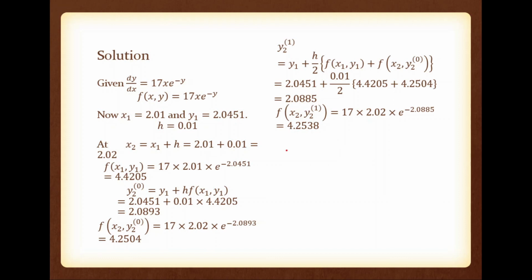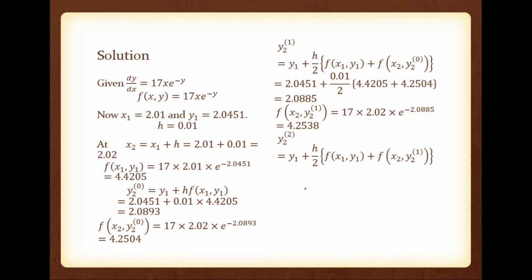So what is the modified value of y2? We can label it as y2 of 2, that is equal to y1 plus h by 2 into f of x1 comma y1 plus f of x2 comma y2 of 1.